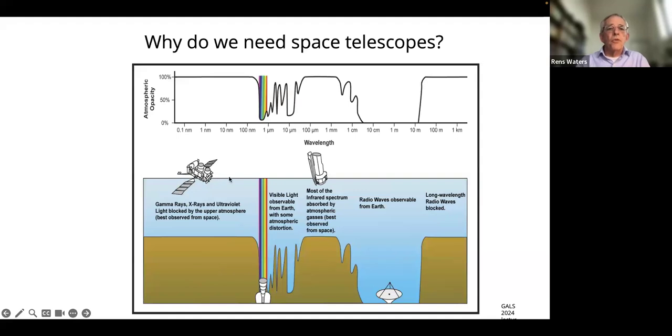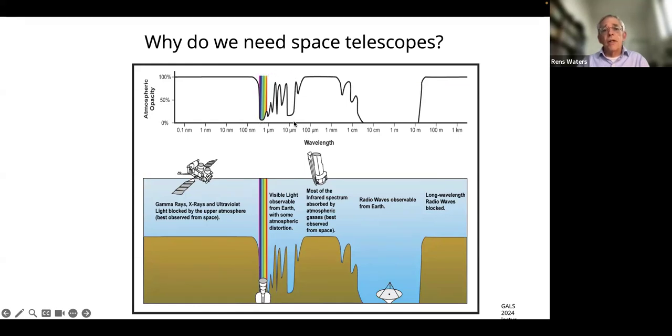You can see that on this diagram, where on the horizontal axis we have the wavelength of radiation in nanometers, and on the vertical axis the Earth's atmospheric opacity, and 100% means that no radiation reaches the surface of the Earth, and 0 means that everything reaches the surface. You can see here that from the near UV all the way to gamma rays, the Earth's atmosphere is not transparent. In the optical, of course, it is.